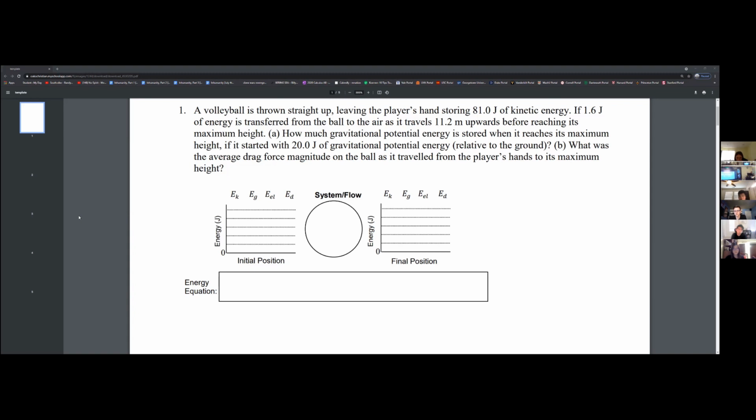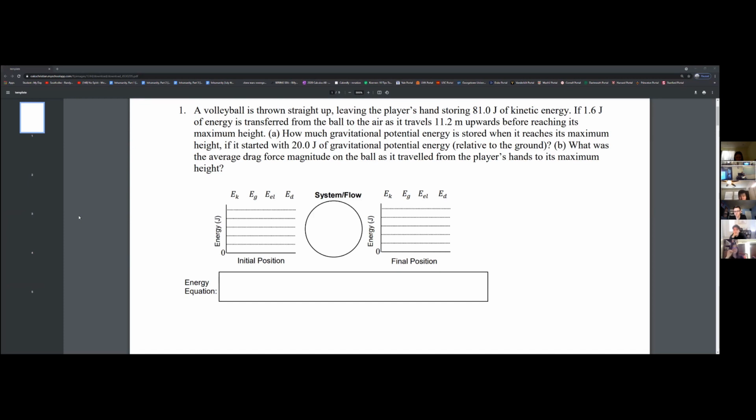And then on the final side, the EG gravitational is now the majority, like you were saying, and that's what you found. It ended up being 99.4. And you don't need to add anything because you already have the ball and the Earth. So those are already there and still would be what creates that EG. And then for the ED, that was given, it's only 1.6, so it should just be a small amount.